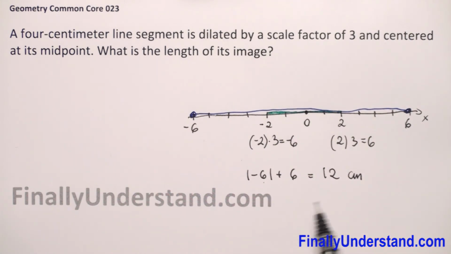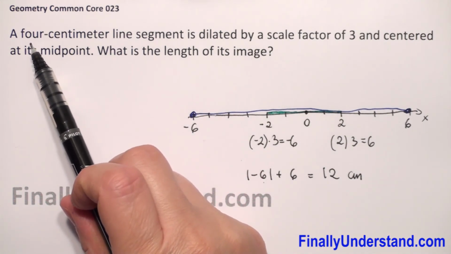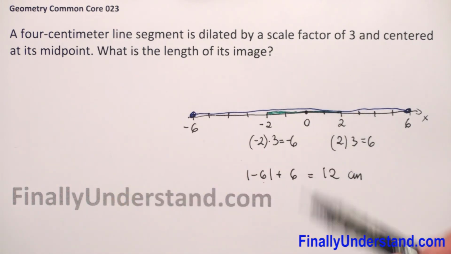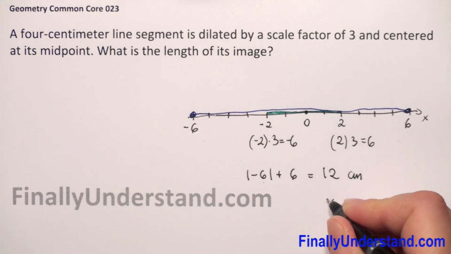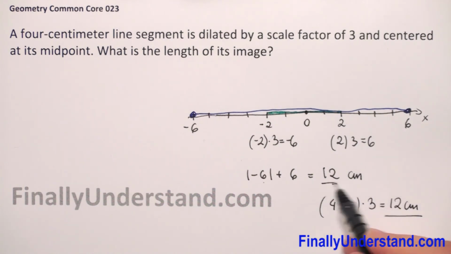In other words, what we can do is multiply this 4 cm line segment by 3. In other words, 4 centimeters times 3 is equal to 12 centimeters. This is my solution. You can do it this way or that.